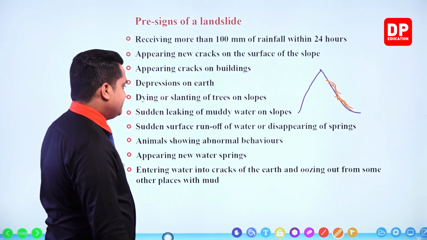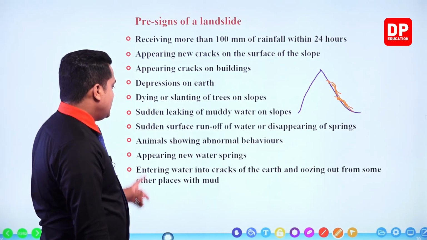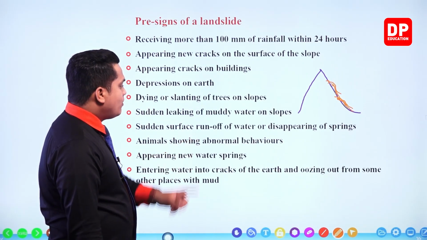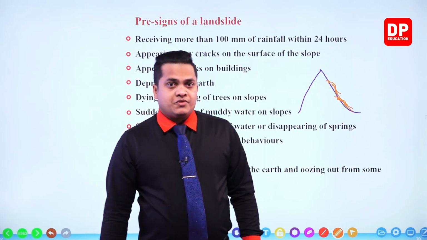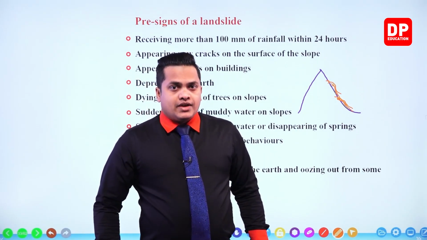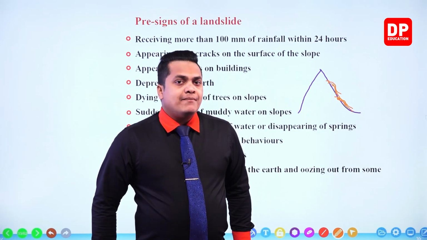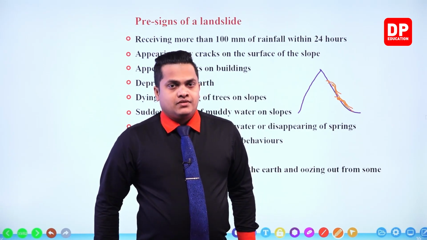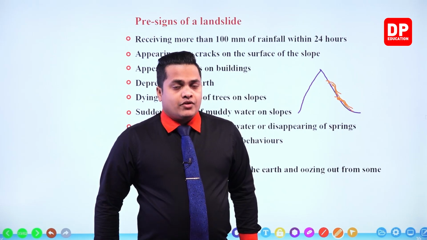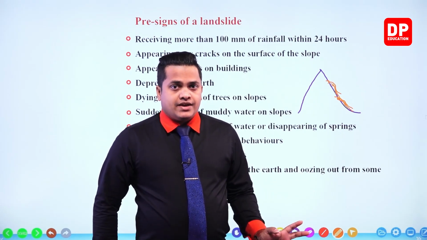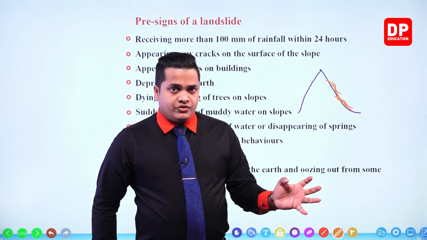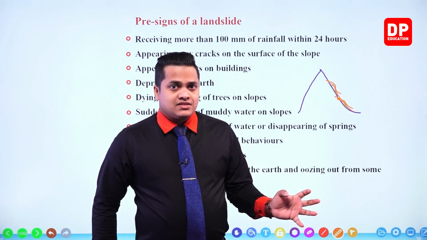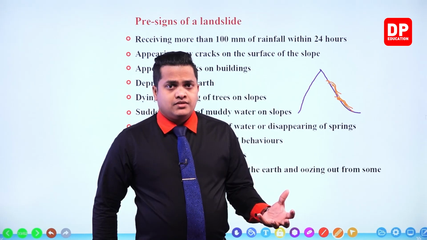Then the next one, animals showing abnormal behaviors. Now sometimes, my dear children, dogs especially, and other animals also, show abnormal behaviors. Not only during landslides, but also with other natural disasters like earthquakes.